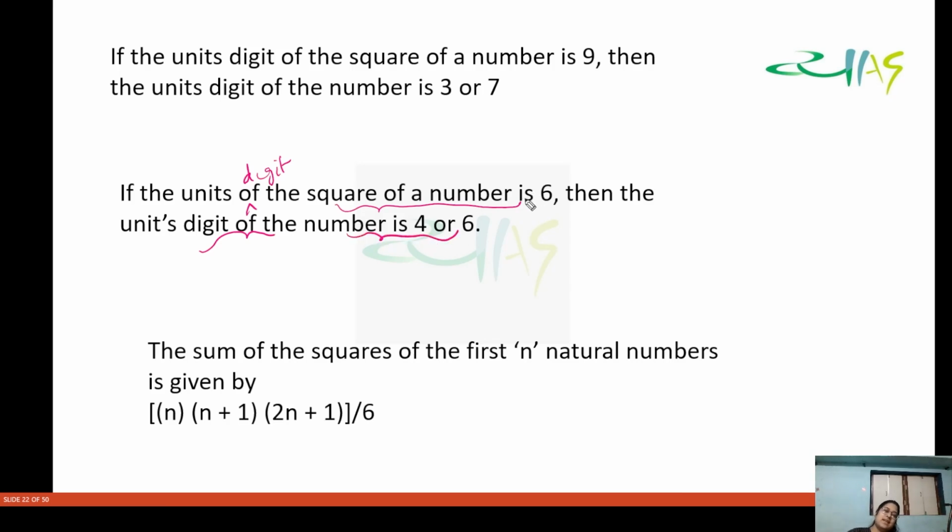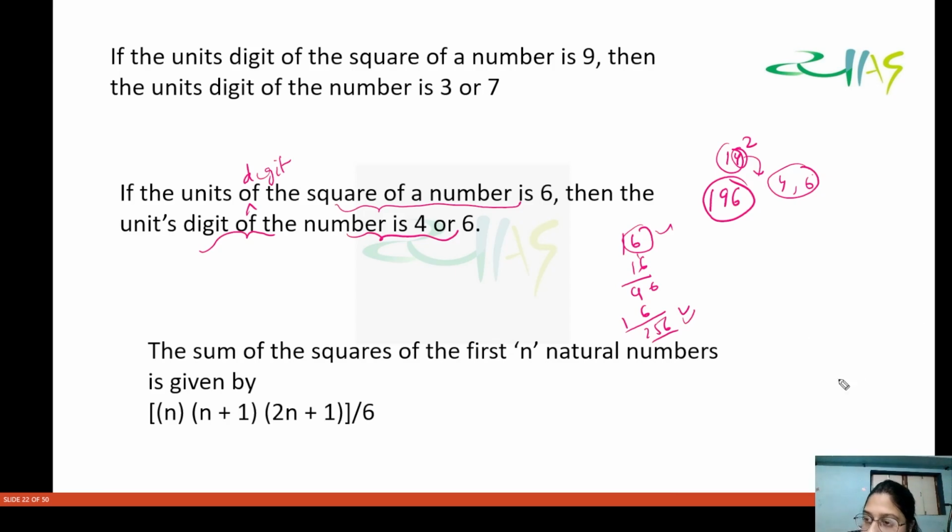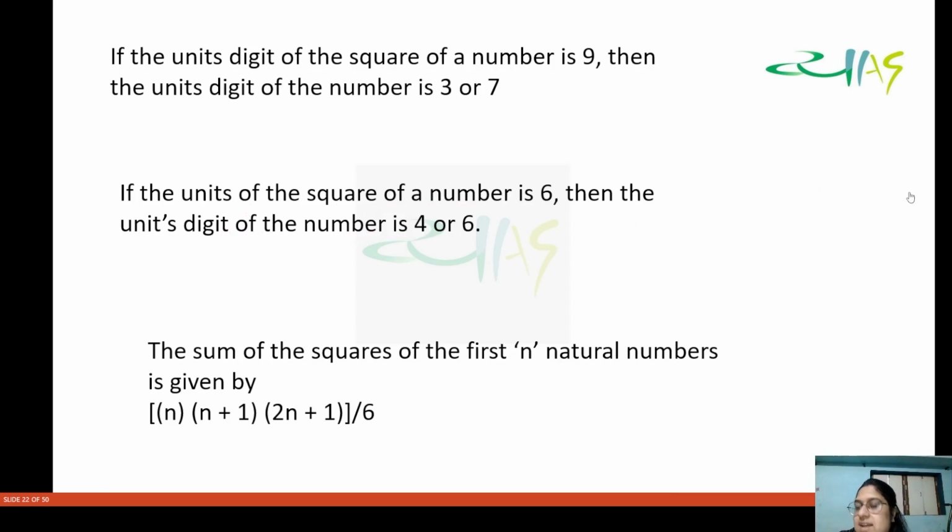Okay, so basically ये कह क्या रहा है, जैसे आपने 196 देखा, 14 का स्क्वायर है, तो बोल रहा है कि इसकी यूनिट डिजिट या तो 4 हो सकती है या 6 हो सकती है। ओके, आप 16 का स्क्वायर देख लीजिए, I think this will be 216. हाँ, सॉरी, 256, this will be 256. तो अब देखिए यूनिट डिजिट ऑब्वियसली 6 है, तभी ये 256 आ रहा है। So this is how it goes.